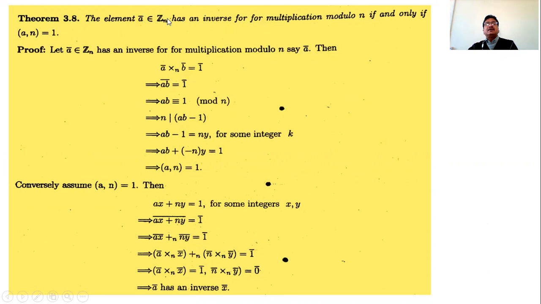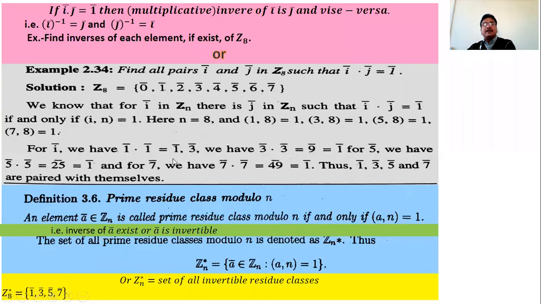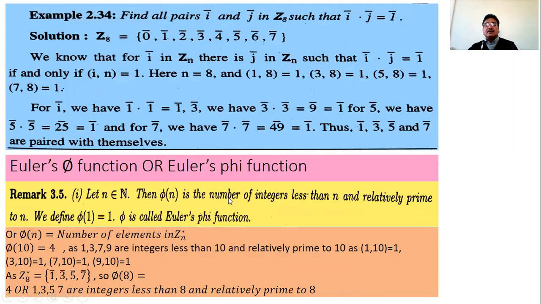So when a bar is a prime residue class, the greatest common divisor of a and n is 1, and then we say that a is relatively prime to n. So both definitions are the same. That is, phi n is the number of integers less than n and relatively prime to n, or phi n is the number of elements in Zn star. The meaning of both definitions is the same.